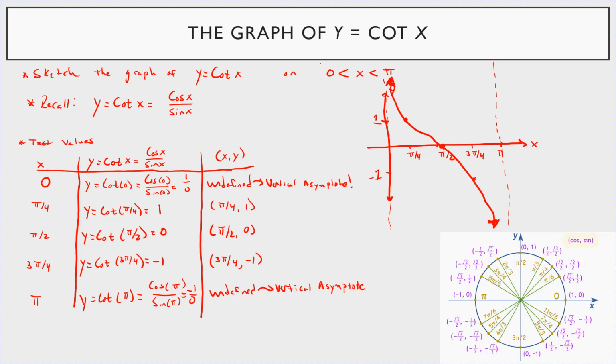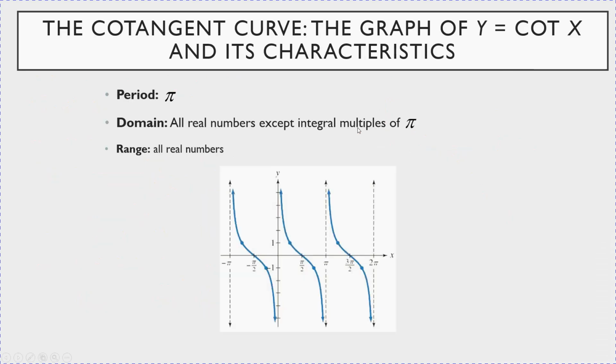All right? And so this cotangent is also a periodic function. So this graph is just going to continue to repeat itself. You can see here, I have the characteristics of it. The period is going to repeat itself every pi, just like tangent.